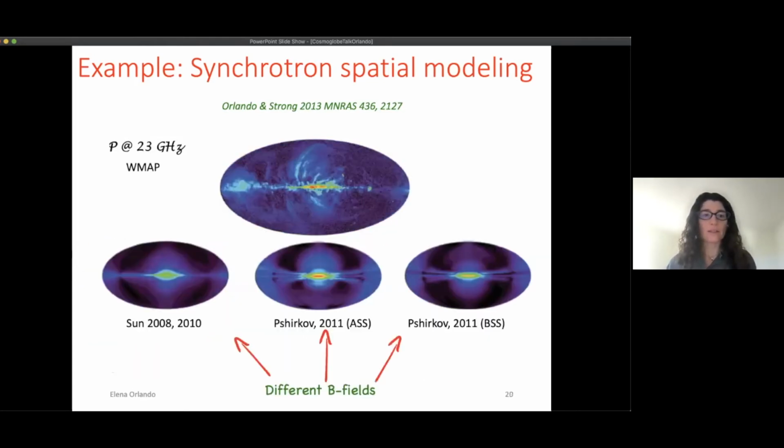And this is to show the different synchrotron spatial models we obtained using a few regular models from the literature. These are pretty old models, actually, from work back in 2013. These are the predictions, while these are obviously the polarized data of the Planck map. And these are different models of the magnetic fields.